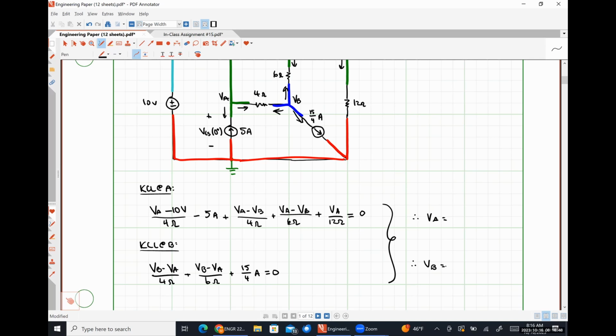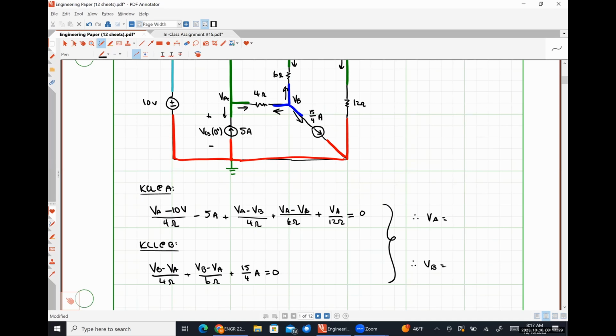My constant term is going to be 10/4 plus 5. In my second equation, my coefficient for VA is going to be negative 1/4 minus 1/6. My coefficient for VB will be 1/4 plus 1/6. And my constant term will be negative 15/4.